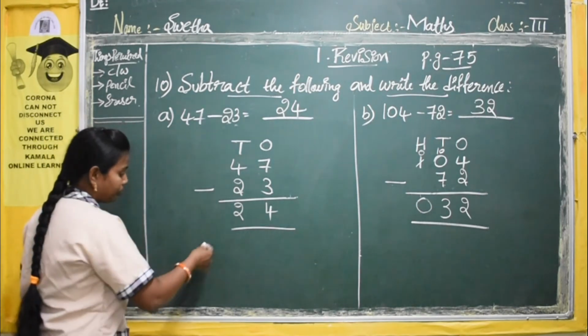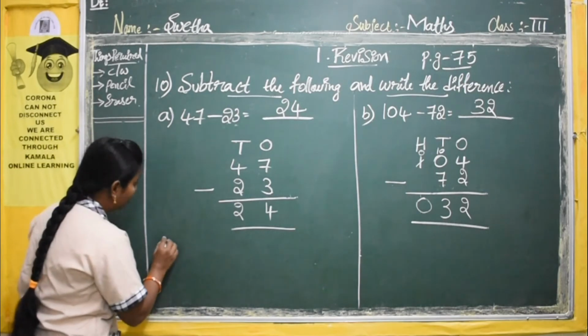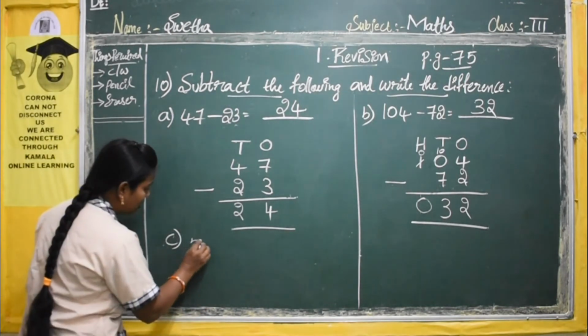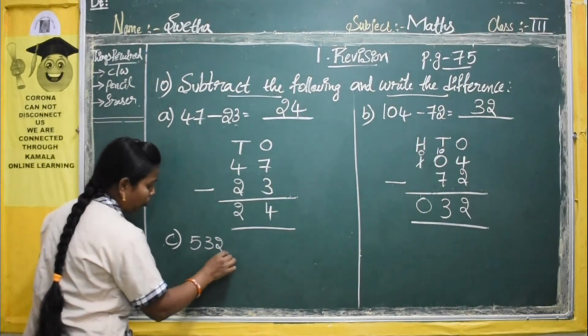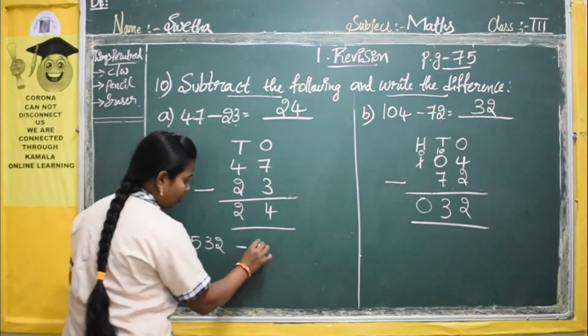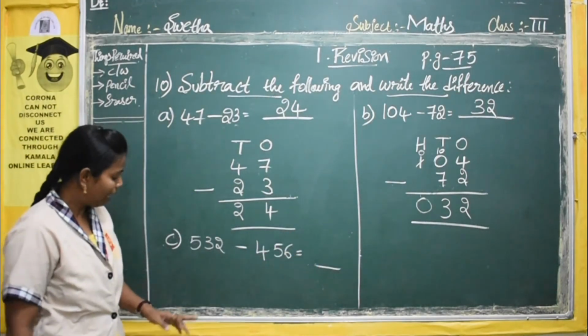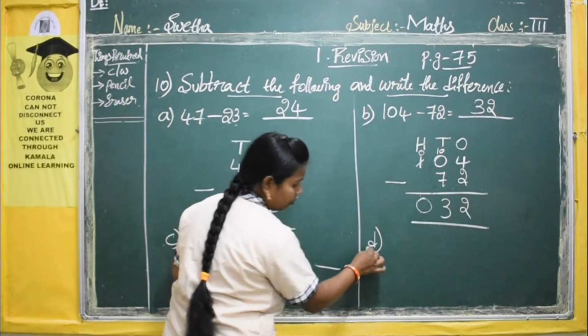The third one, what is the third one we have here? C1. C1 we have as 352 minus 456. Okay. And what is the D1?